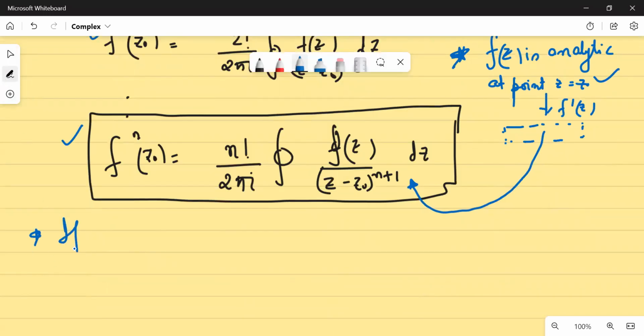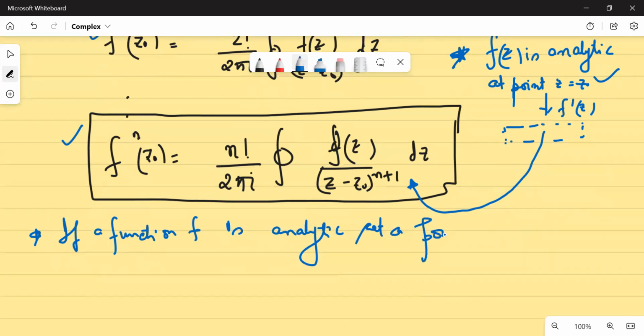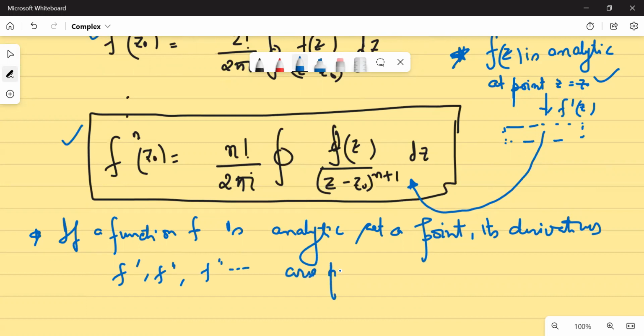I initially also mentioned, and I am mentioning again, that if a function f is analytic at a point, its derivatives, that is f dash, f double dash, f triple dash and so on, are promised, meaning it is certain they would exist, and they are also analytic. Analytic means if f dash is analytic, it implies f double dash exists, which indeed is the case, and so on and so forth. Is that clear?